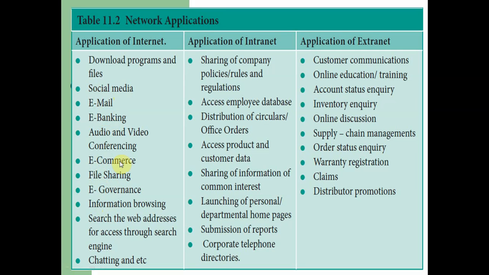Here e-commerce refers to selling and buying products through the internet. File sharing means sending and receiving files, images, photos through WhatsApp. Next one is e-governance, where we apply for any certificate. And information browsing means searching the web through search engines, chatting, etc.